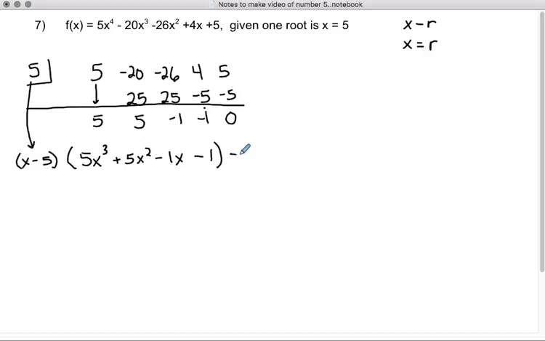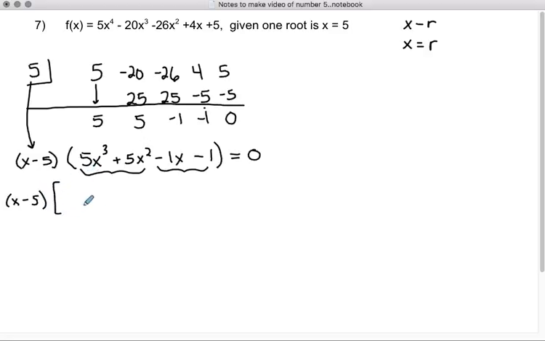Now I'm looking for the roots, so I want to know when this function is equal to 0 to find the roots of it. So I need to figure out a way to factor what's left here, and it looks like I can do some factoring by grouping. So I'm going to think about my first pair and my second pair. So just bring down this first factor. I'm not going to do much with it.